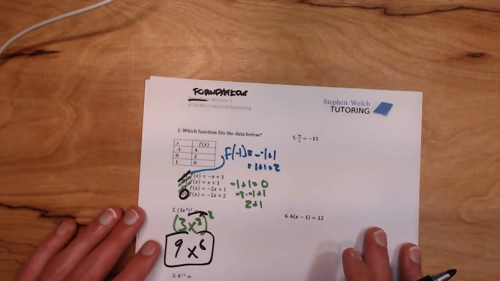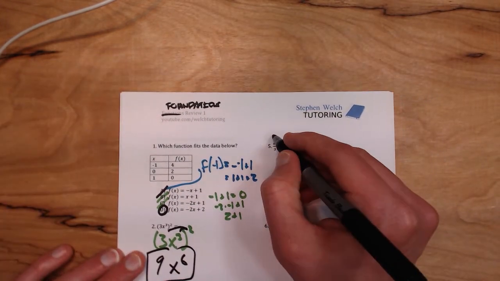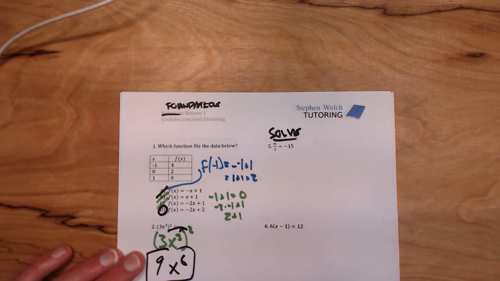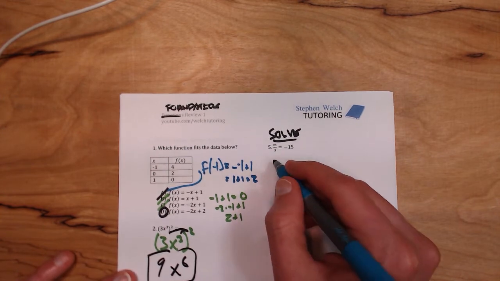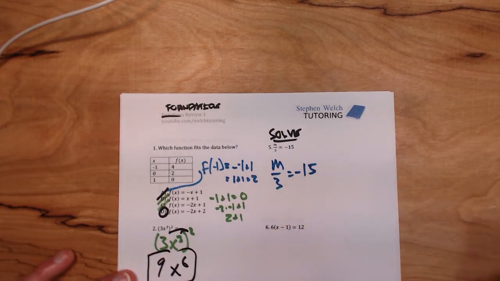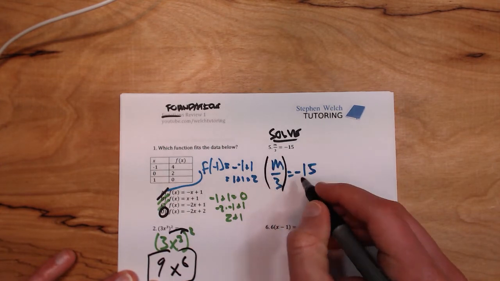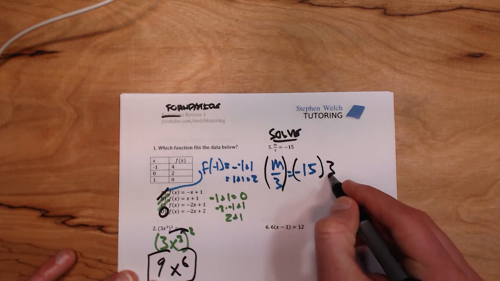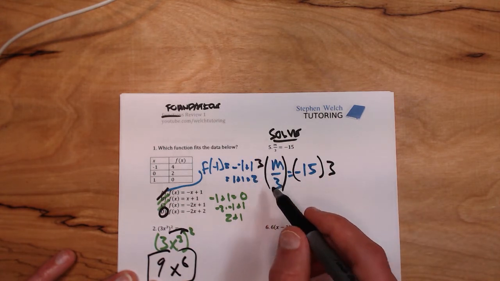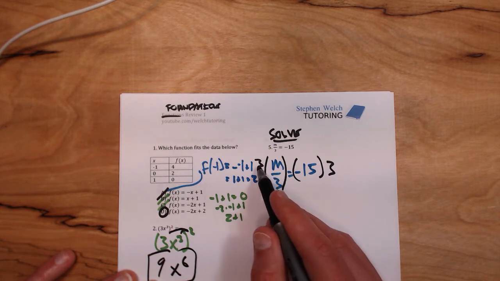Okay, next is number 5, and we need to solve this equation. I should have put the word solve there. Right now we have m over 3 is equal to negative 15. To get the m by itself, we need to multiply both sides by 3, because right now the 3 is dividing the m, and the opposite of division is multiplication.